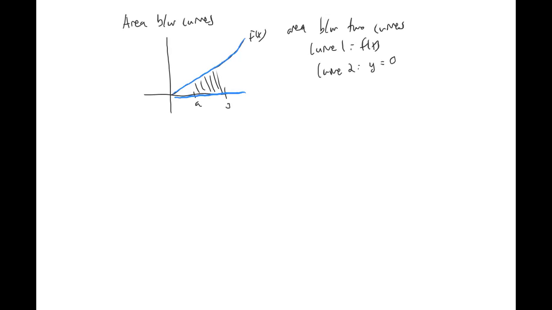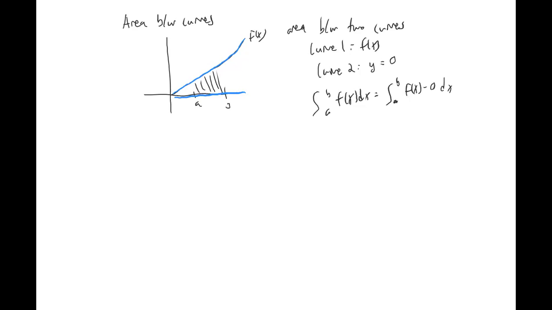In this case, you would just say this, but really it's a difference of two curves. You're subtracting 0, if you like. But nobody said why curve 2 has to be y equals 0.